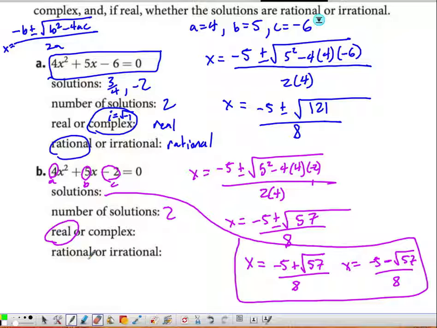Well, I can tell if it's rational if I have fractions or a whole number. Notice that I do have something that's set up like a fraction, but it's going to be irrational because I have the square root of 57. 57 is not a perfect square, so that makes it irrational.